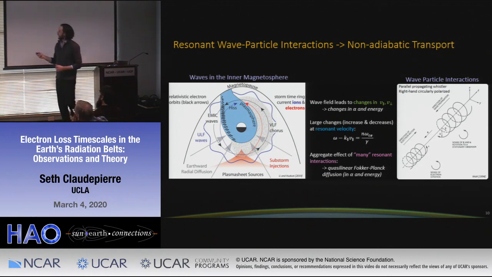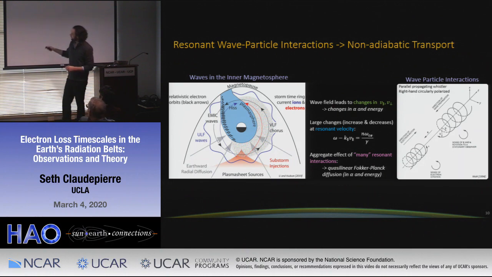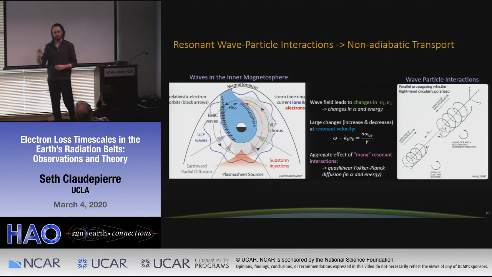And so how does that work? This is a figure from a radiation belt textbook by Walt, and it's very difficult for you to see, no doubt, because I can barely see it here. But imagine the magnetic field is pointing in this direction, and we're showing a right-hand circularly polarized whistler mode wave propagating in this direction. Counter-propagating against that is the electron executing its bounce and gyro motion.